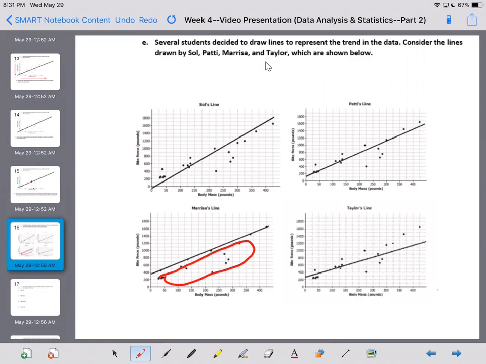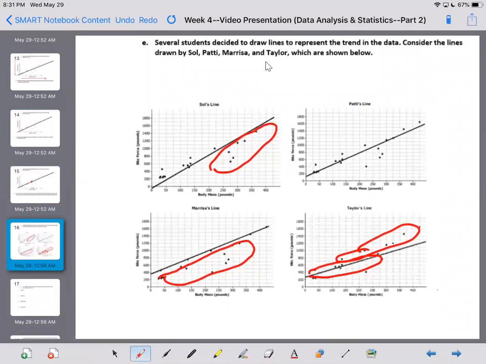And Taylor seemed to go through most of them here, but left a lot of them up here. And then Soul seemed to leave some of these. I would say that Patty's looks like a good fit.